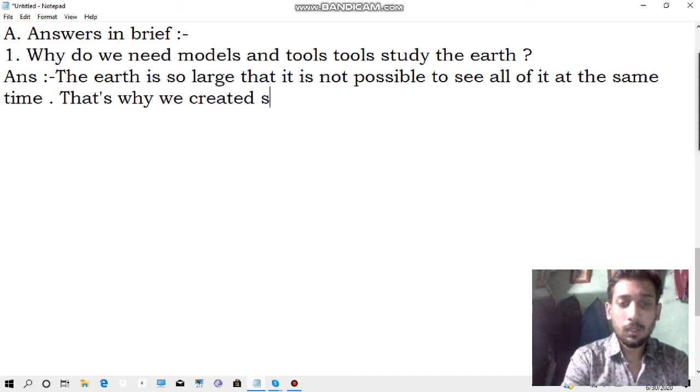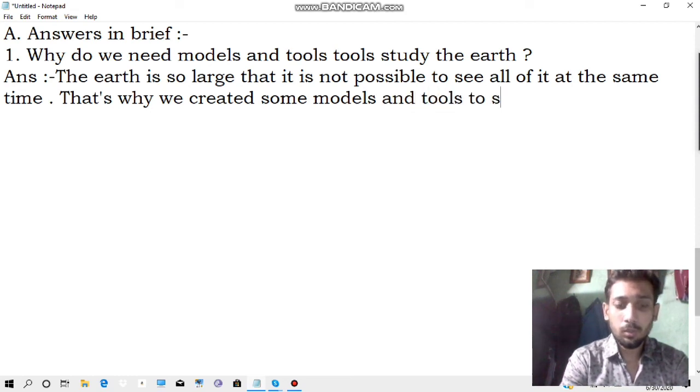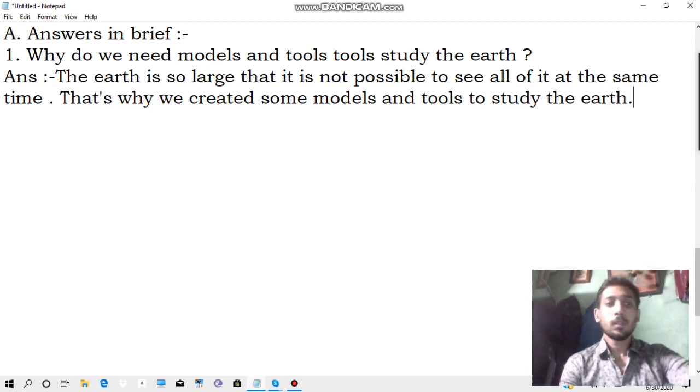That's why we created some models and tools to study the earth. Thereafter we will go for the next question.